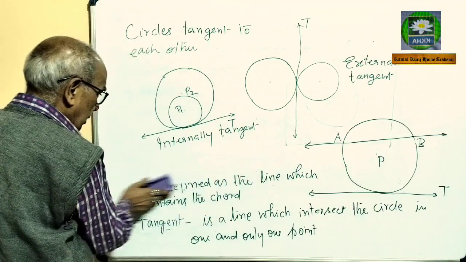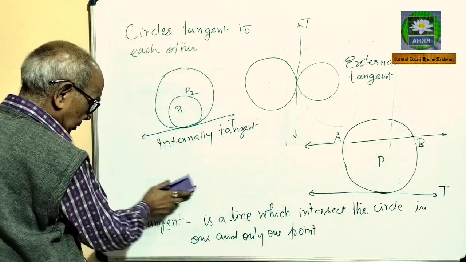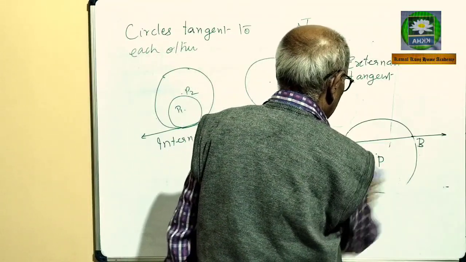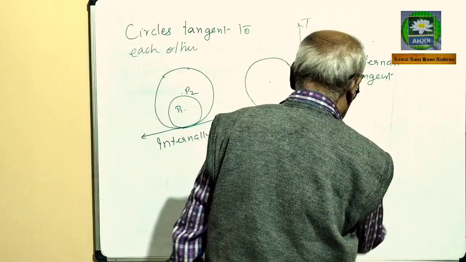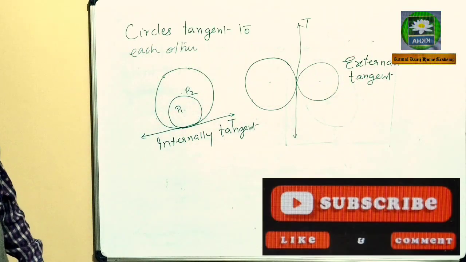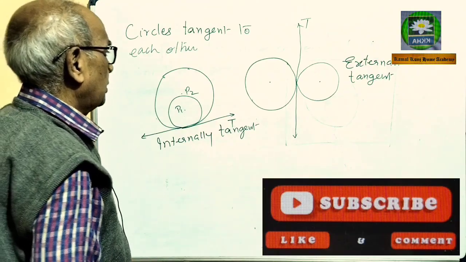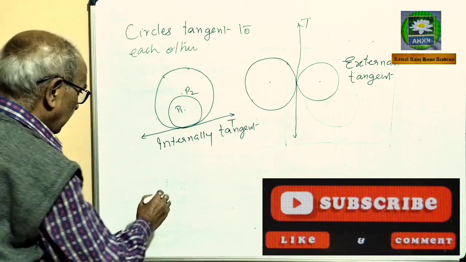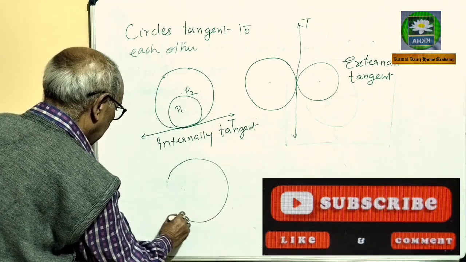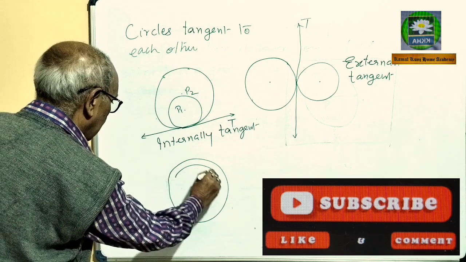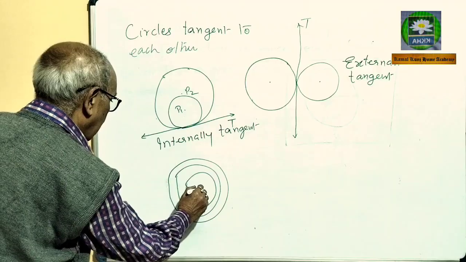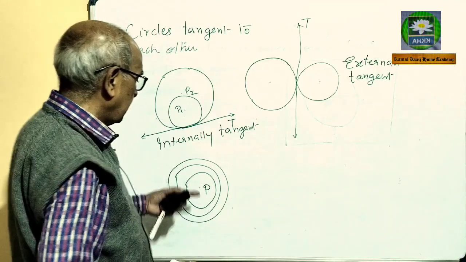What are concentric circles? Two or more circles having the same center are called concentric. All these circles have the same center.